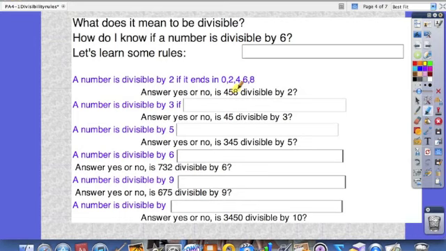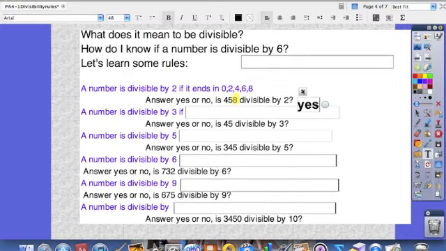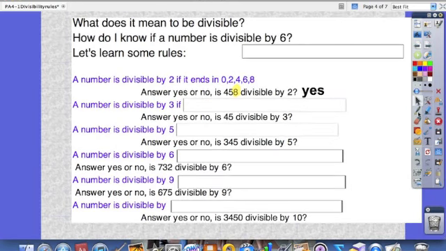Well, does it end in 0, 2, 4, 6, or 8? Yes, it ends in 8. So we can say yes, 458 is divisible by 2.